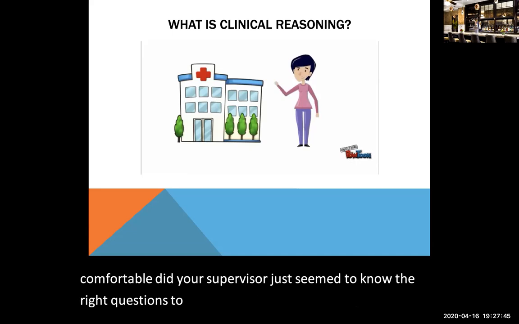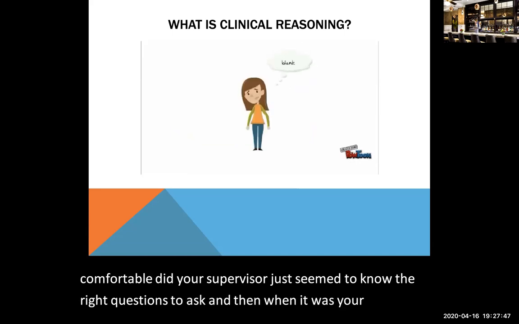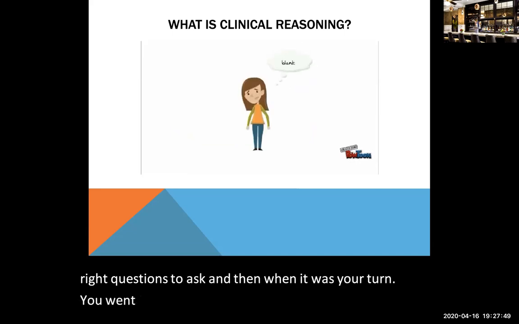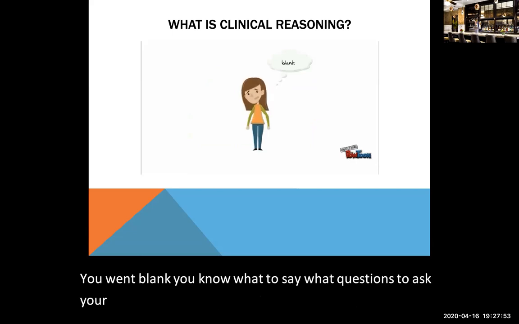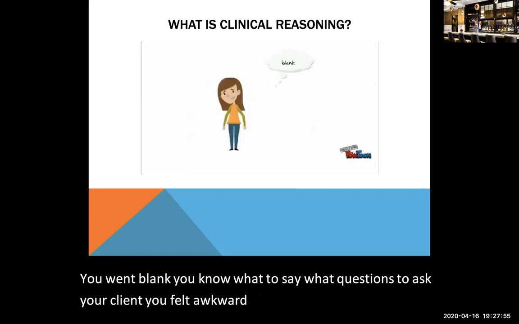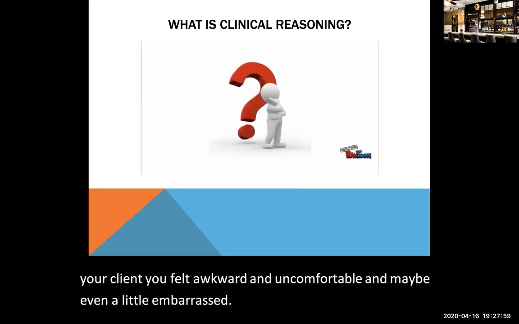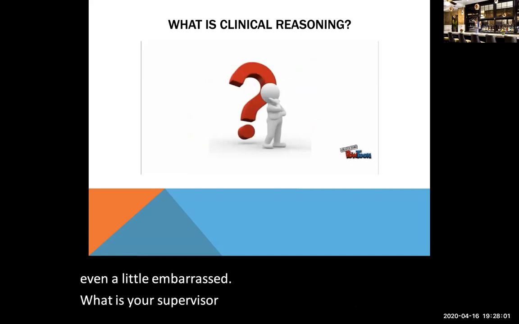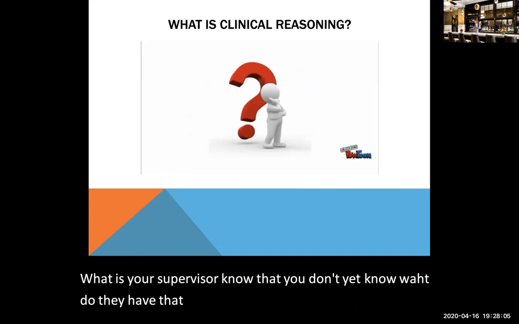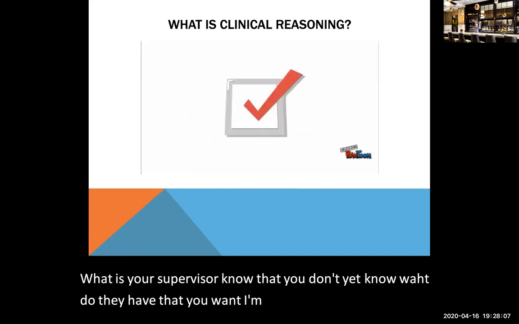And then when it was your turn, you went blank. You didn't know what to say, what questions to ask your client. You felt awkward and uncomfortable, and maybe even a little embarrassed. What does your supervisor know that you don't yet know? What do they have that you want? I'm here to tell you the answer: clinical reasoning skills.